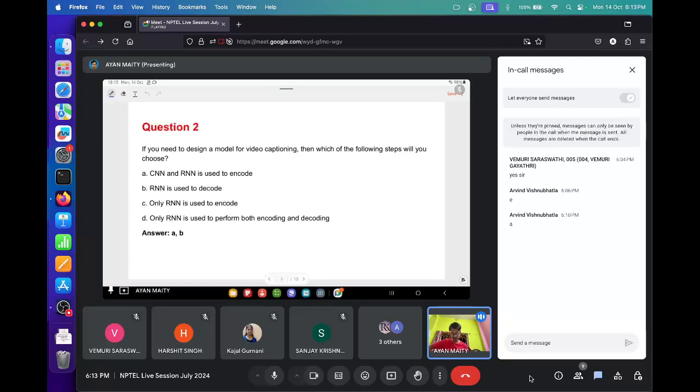The correct answers are A and B, so two options are correct in this question. One for the encoder part and another for the decoder part. In the video captioning task, the input is the video, and video can be thought of as a sequence of images.